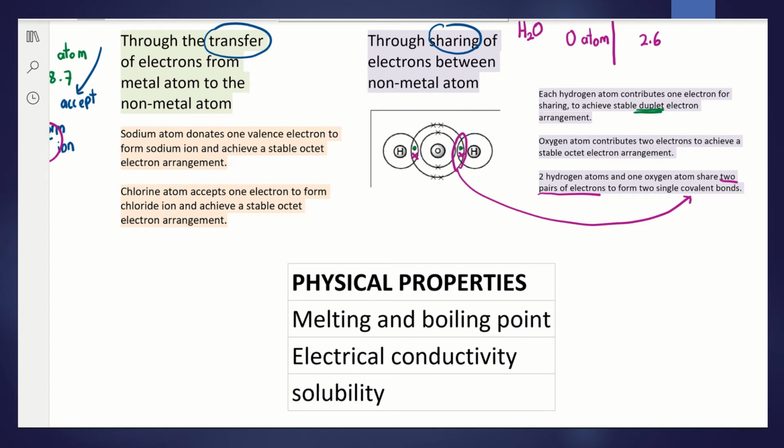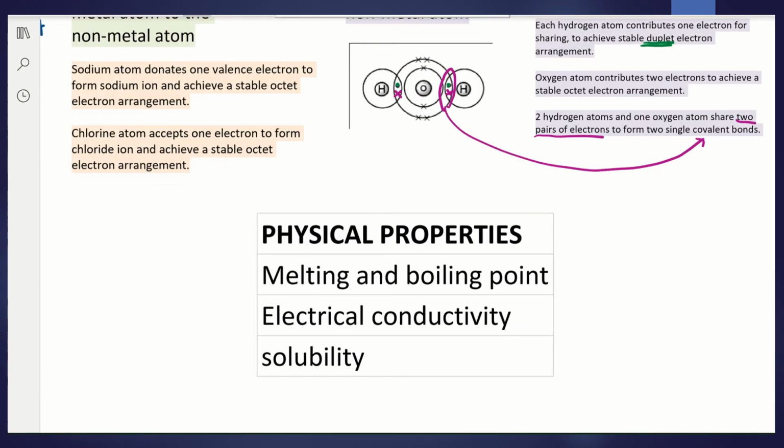Let us recall the physical properties of ionic and covalent compounds. Ionic compound has high melting and boiling point, while covalent compound has low melting and boiling point. Why does ionic compound have high melting and boiling point? Because ionic compounds are held by strong electrostatic forces of attraction between ions.